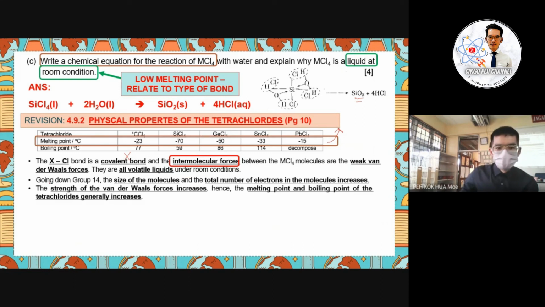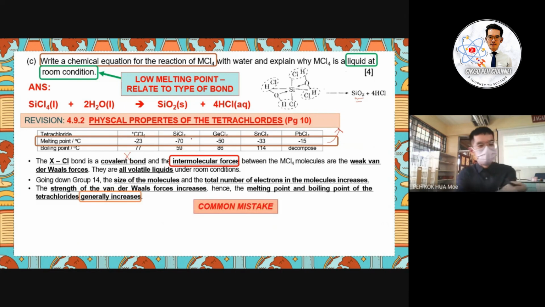Okay. So when we discuss about the van der Waals forces, we discuss the size. When the size of the molecule increases, the number of electrons in the molecule increases. So the strength of the van der Waals increases. Melting point and boiling point of the tetrachloride generally increase. Okay, but here we have the common mistake.